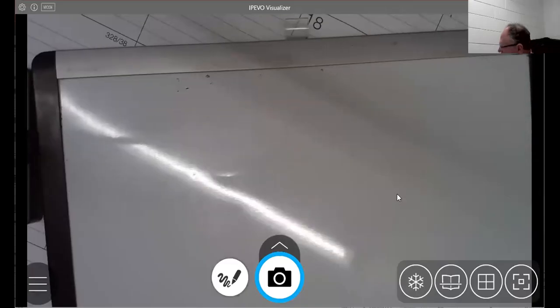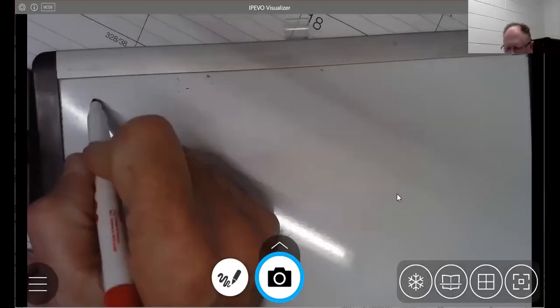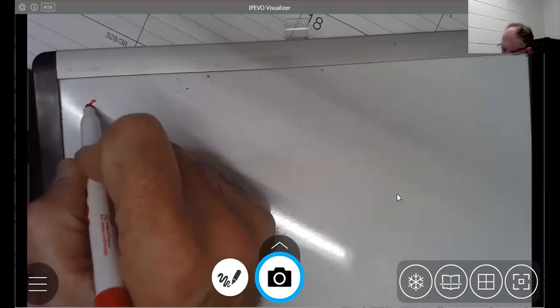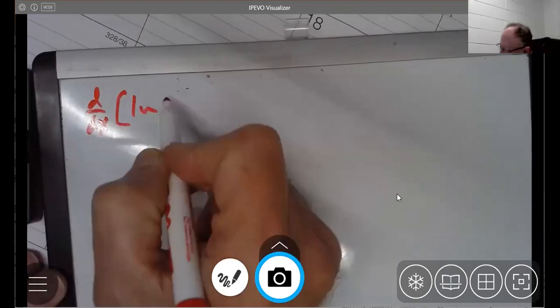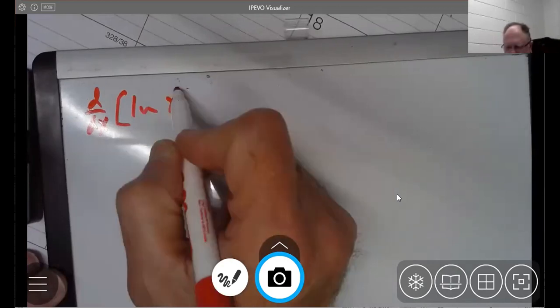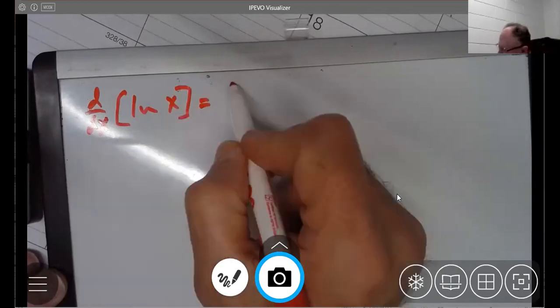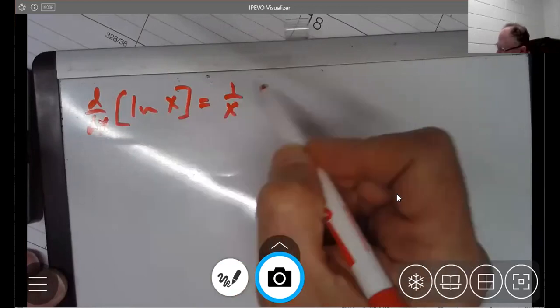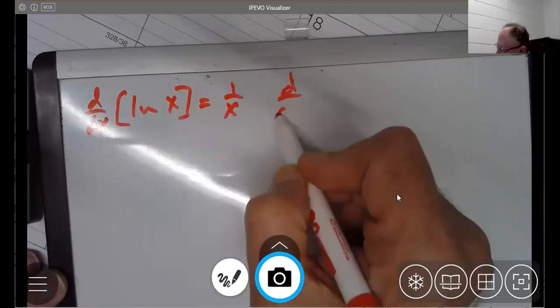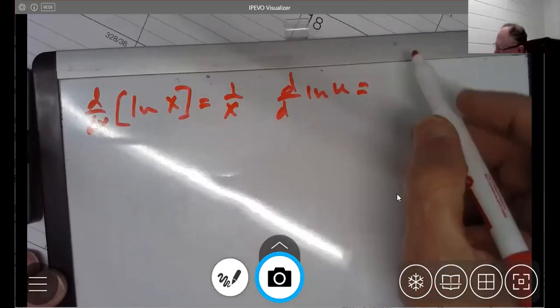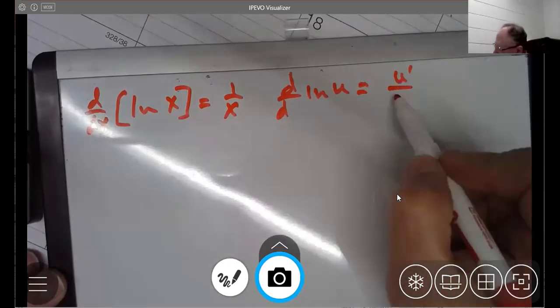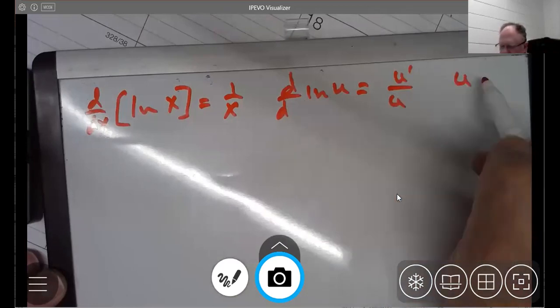Okay, so we said that the derivative d over dx of natural log x is 1 over x, or if we looked at it as natural log u, then that's u prime over u, where u is greater than 0.